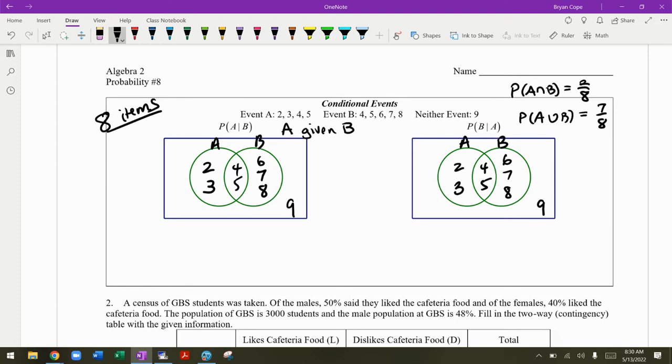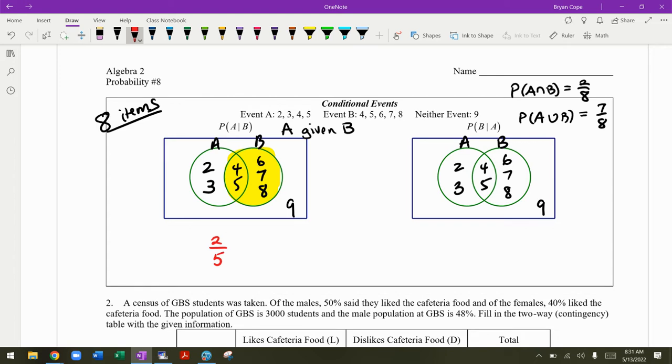So here's what I mean. Of this whole region, in other words, this is the region that we're looking to for our sample space, how many of those items are in A? 2. So the probability is 2/5.